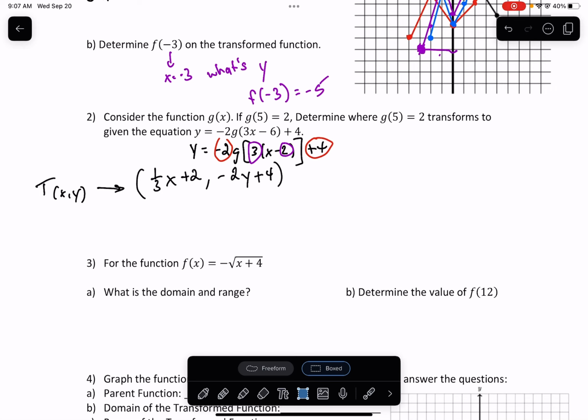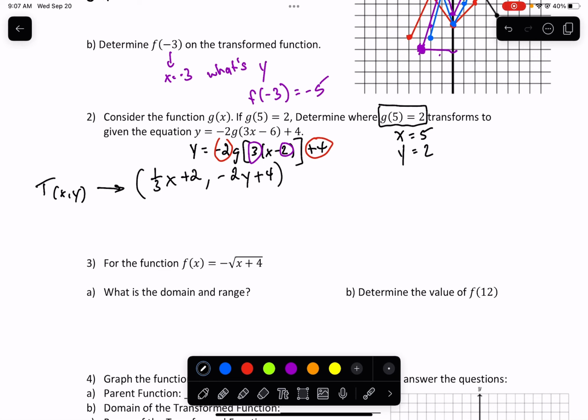So for this question, we're transforming the point where x is 5 and y is 2. g at 5 is equal to 2 is the point we're transforming. So I'm going to input that into my mapping statement, and it's going to transform it.